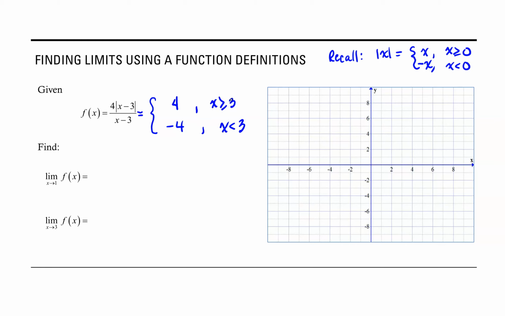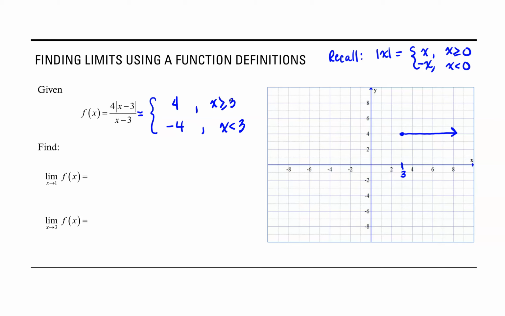So looking at our graph, here is 3, and our function is 4 when x is greater than or equal to 3. So we'll have a point there and our function goes to the right like so. And our function is negative 4 when x is less than 3.